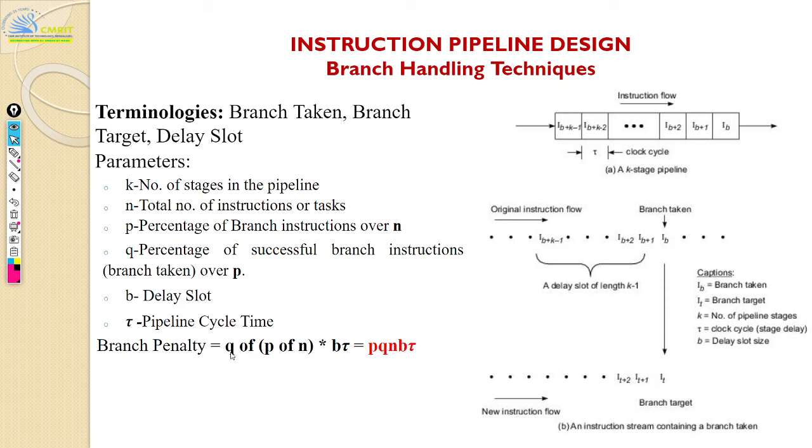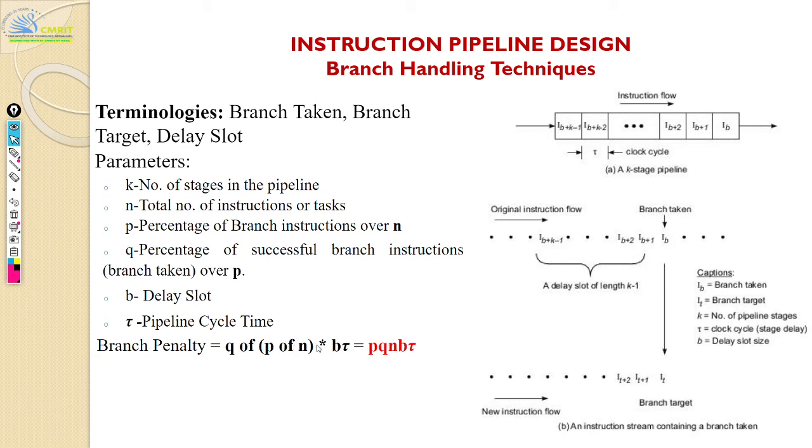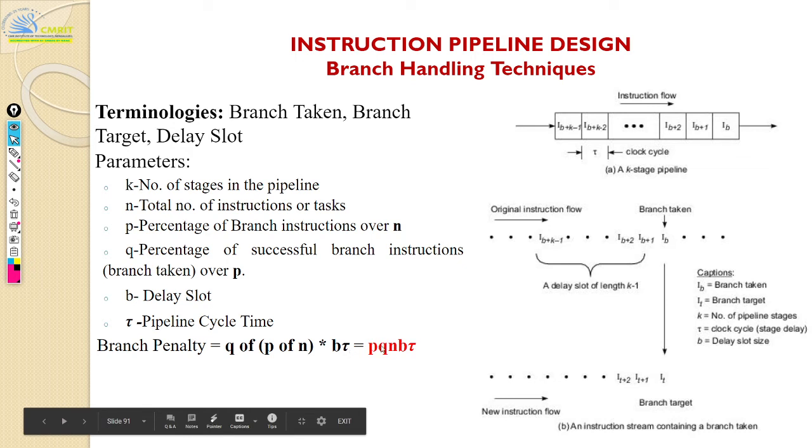So that is how many of your branch instructions you are actually branching, multiplied by b times tau. B is your delay slot, because that many slots you would have wasted filling the pipeline and you have to flush it, so that's a wastage of time. Tau is the pipeline cycle time, the stage delay. If you work it out, it's going to be this expression: p q n b tau.